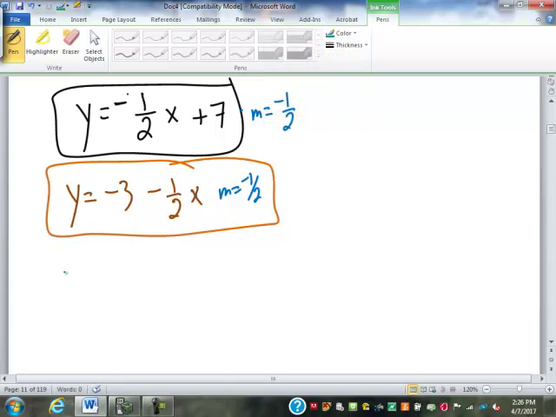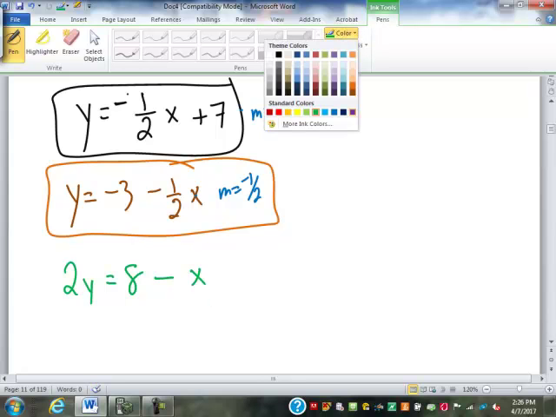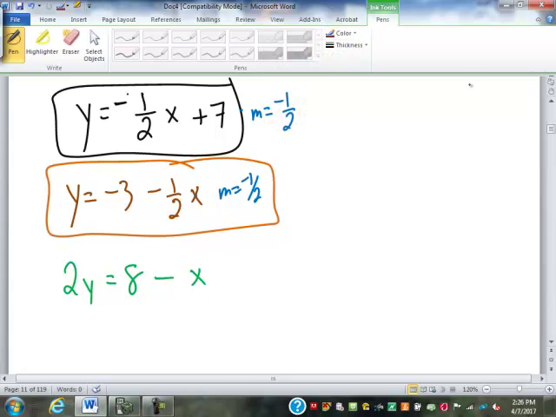If I give you 2y equals 8 minus x, are those lines going to be parallel? Well, the way they're written, we can't really tell. Remember, to read the slope out of the equation, we need to solve for y. So what do I have to do here to get y by itself? Right now it's being multiplied by 2. I have to divide by 2.